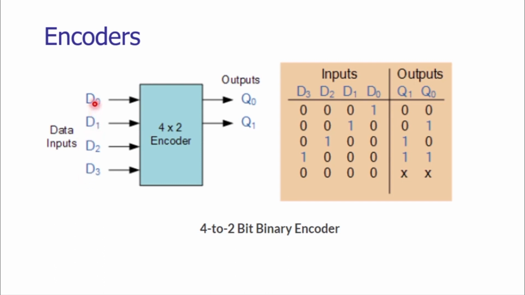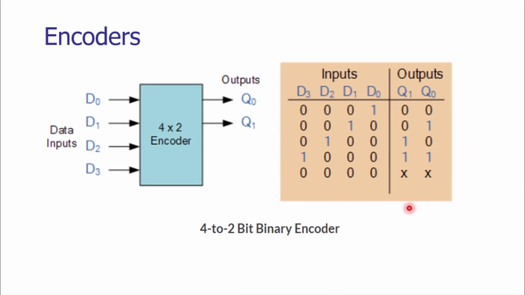When 4 input data lines are there, we will have 2 output data lines. So 2 to the power n is equal to 4. So 4 input lines are giving 2 output lines. To have this type of binary encoder, we have to generate a truth table.